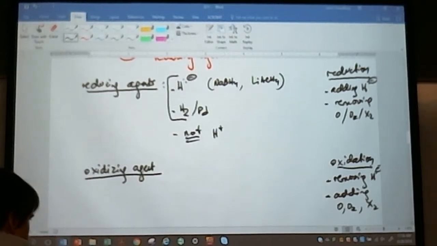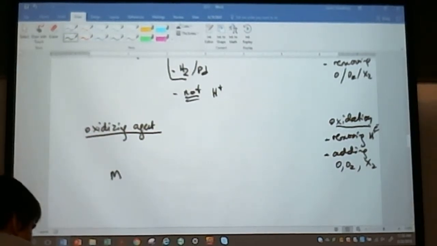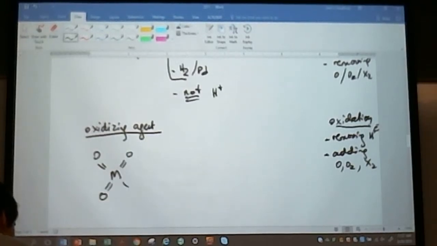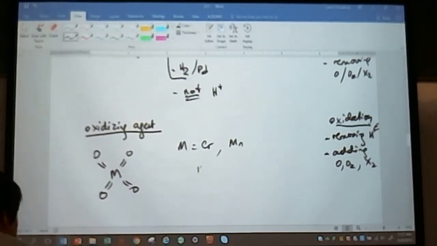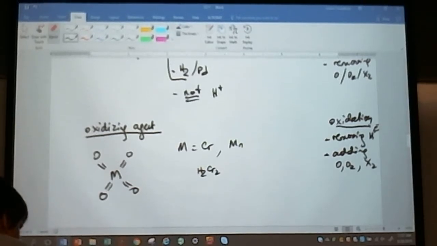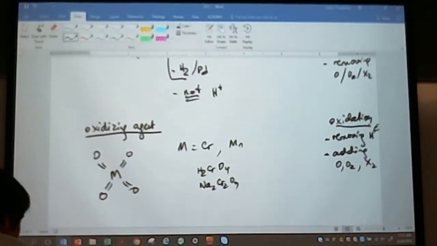So, how would I add oxygen? Well, I'm going to have a reagent in which I typically have a metal with a bunch of oxygen. And that's going to be my source of oxygen. My metal is often chromium, but it can be things like manganese and a variety of things. So you're going to see reagents like chromic acid or sodium dichromate or whatever.